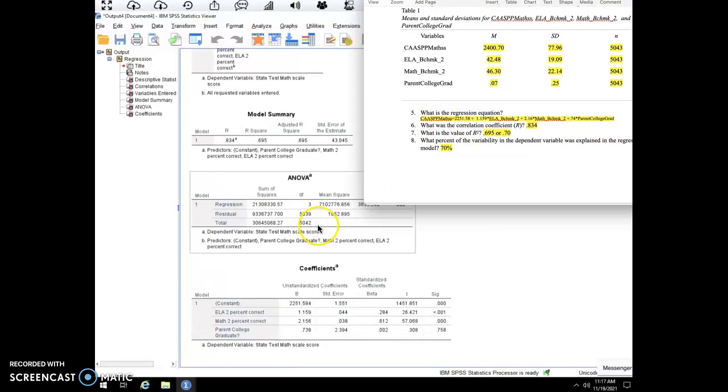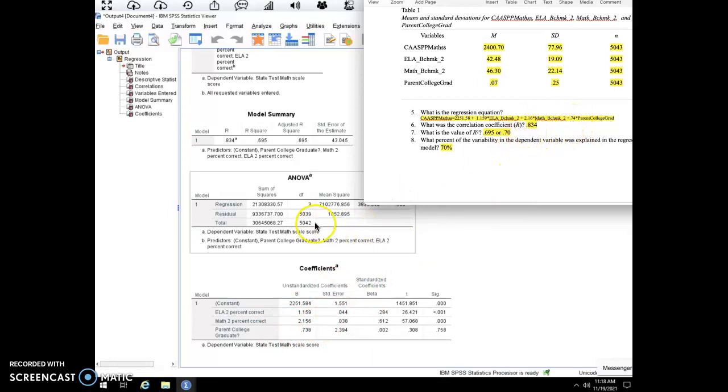We can find this information in the coefficients table, the beta and it's the beta constant plus the unstandardized beta for ELA benchmark, which is here, times ELA benchmark, plus plug in each of these values in front of their respective independent variable.